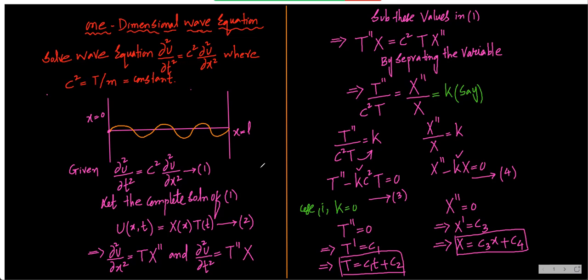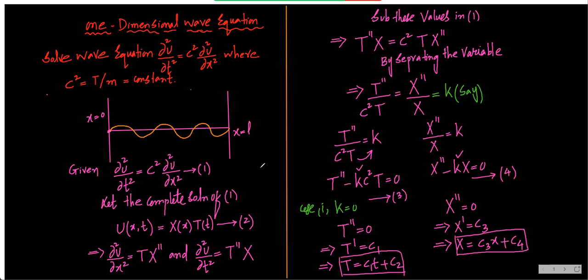The solution of the wave equation we can find using the Fourier series method, the Laplace transform method, or the separation of variables method. But in your syllabus, we have to find the solution by using the separation of variables method only. There are actually so many methods to solve the wave equation, but according to your engineering syllabus, we have to solve using separation of variables only.